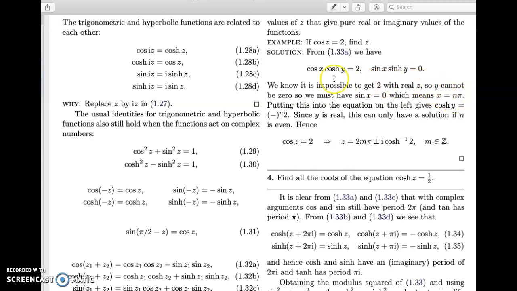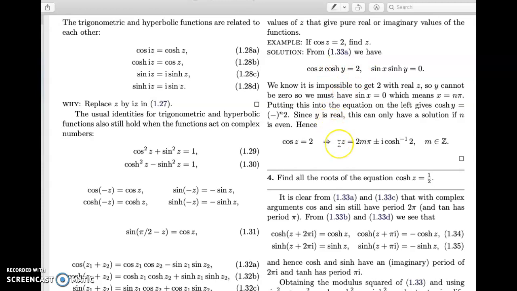If we put x equals n pi in here, we get minus 1 to the power n. That's a useful thing to know: cos of n pi is minus 1 to the power n. Cosh is always positive for real y, so that means n has to be an even number. So I'm going to write n equals 2m, and therefore this is going to be 1, and that just leaves us with y as inverse cosh 2.